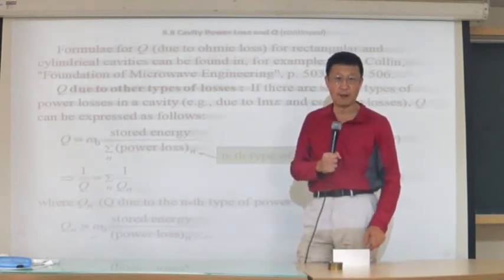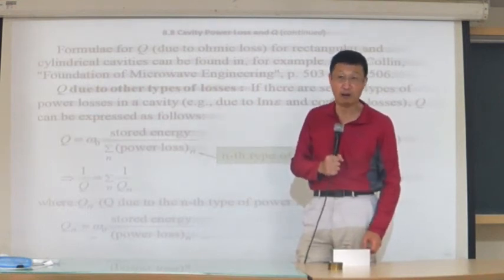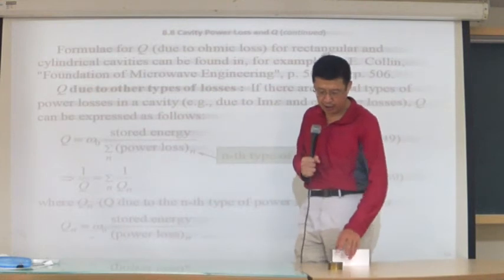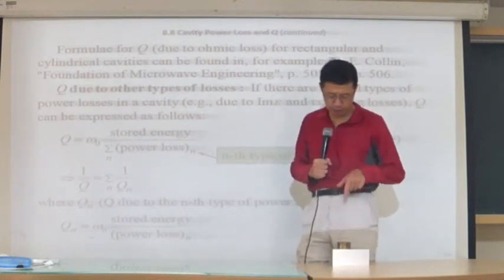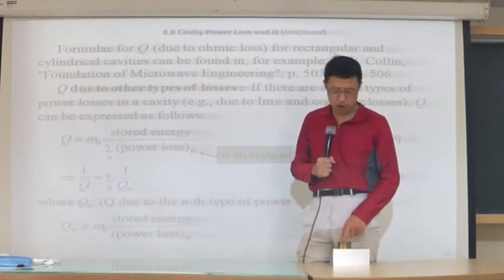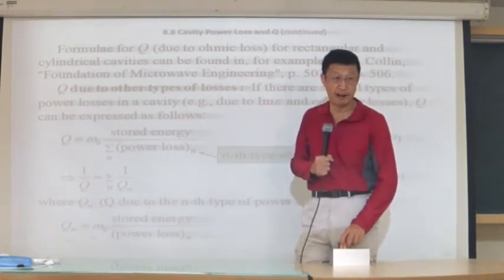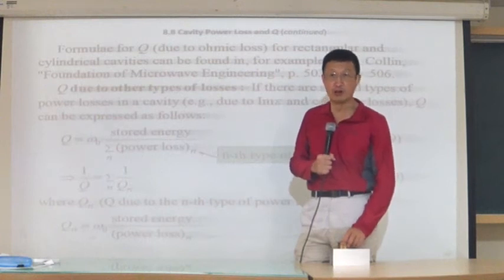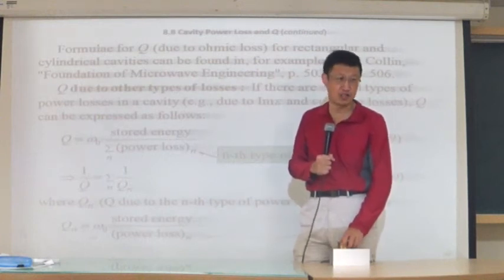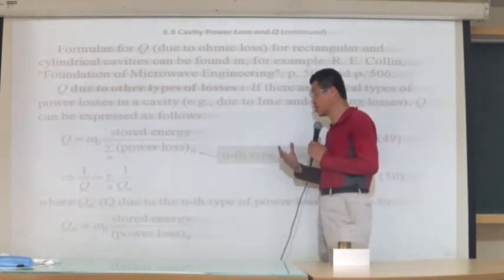That's another one, diffraction loss. And if you want to couple the energy into the cavity, some of the energy will be reflected back. You will have reflection loss. So many losses. Just consider the biggest term, the largest term.